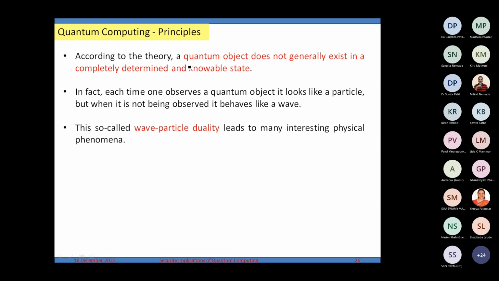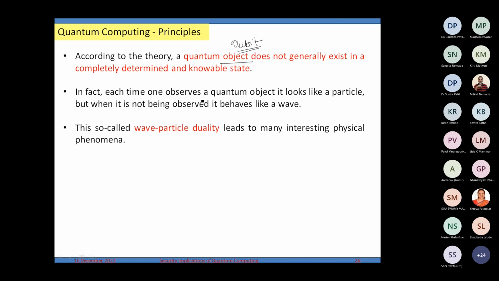If you look at this theory, any object, you can regard it as a qubit, which is the fundamental unit of the quantum computer. It does not exist in a completely determinate or knowable state. Like in a conventional computer, it would be either 0 or 1, but a qubit can be in the state of both 0 and 1.